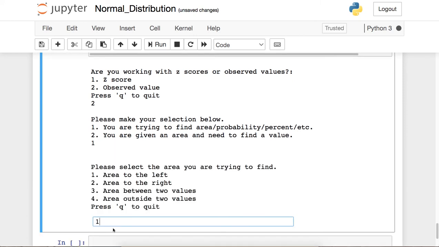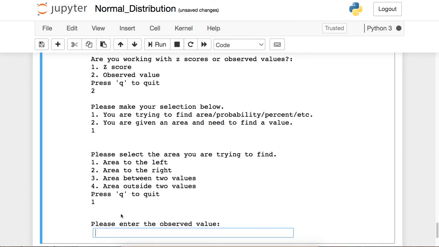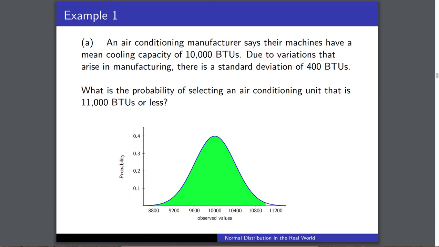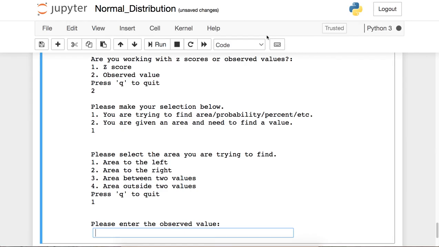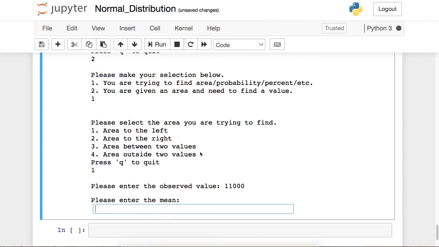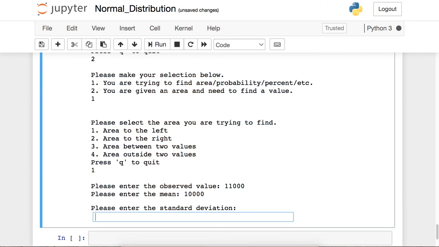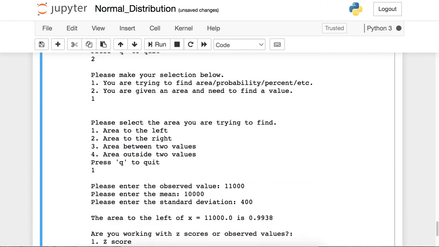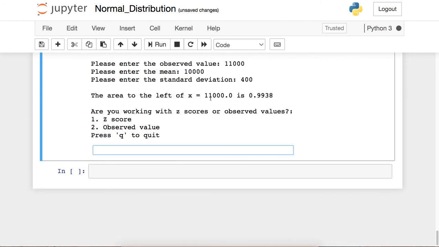We're looking for the area to the left, so press 1. And then the observed value, because my memory is not that good, was 11,000. The mean was 10,000, and our standard deviation was 400. It says the area to the left of 11,000 is 0.9938.